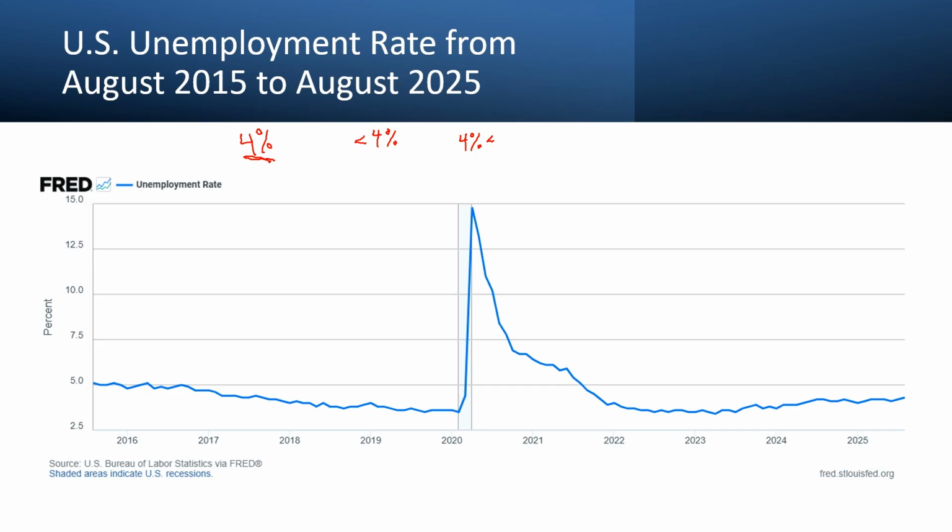And if we go back here, right now, today, if you were to look at August 2025, right here at this point, the unemployment rate is a little over 4%. I think the latest statistic was like 4.2. Not bad, but if it increases, it could become problematic.